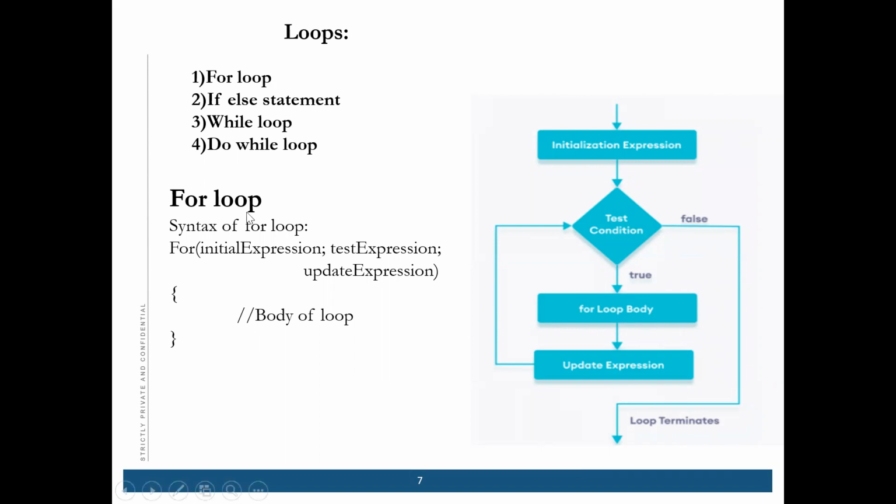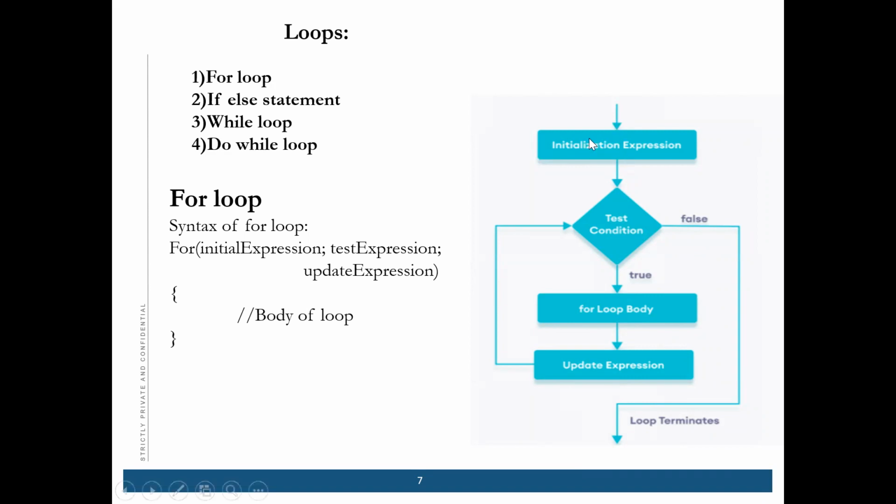Like the for loop, what is the syntax of the for loop? For, then the initial expression, we test the expression and we update the expression. If this test expression is true, then only we can enter into the body. For more clarification, we can see the flow chart.